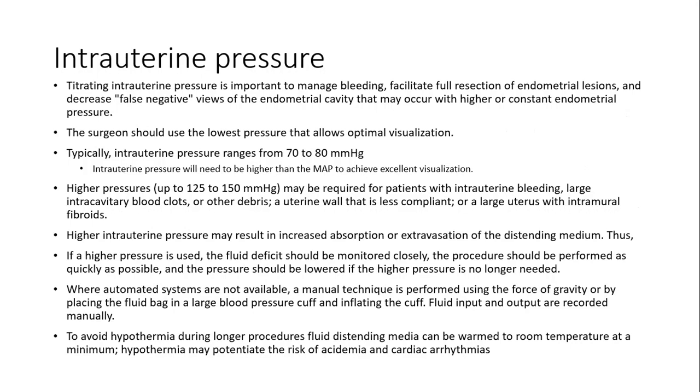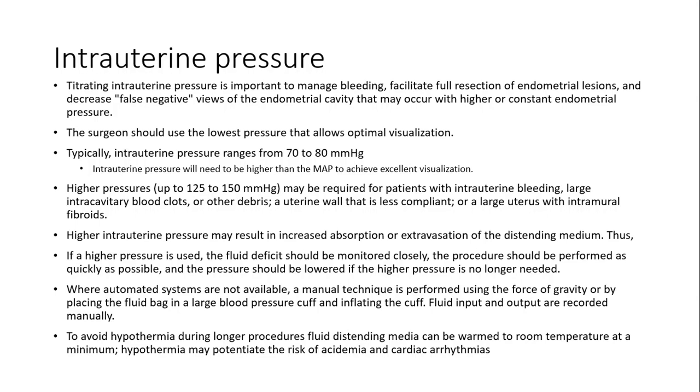We need to titrate intrauterine pressure so that we are able to manage bleeding. It will help facilitate the resection of endometrial lesions and decrease the chances of false negative views of the endometrial cavity. So when you start your insufflation and you have a very high pressure, it might actually flatten out any small lesions that might be there and give a false negative result for your scope.